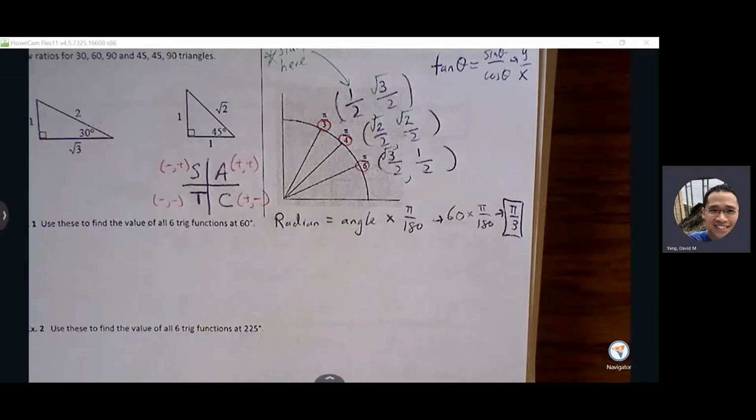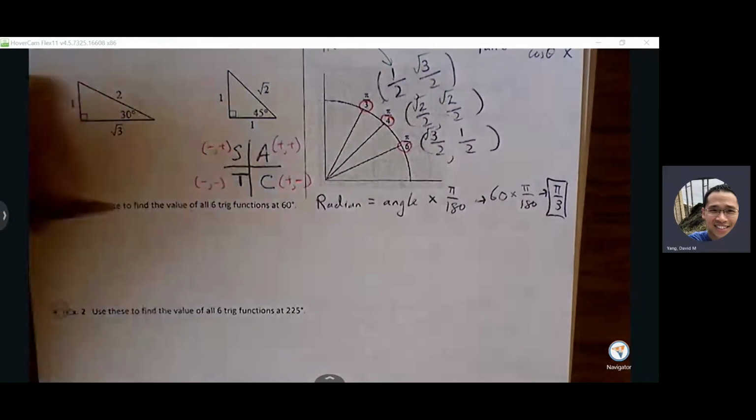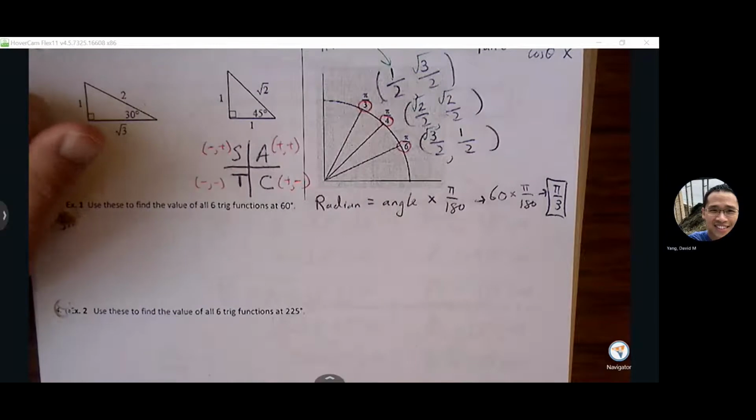But all in all, we're really not going to deal too much with degrees. Most everything we're just going to stick with radians. But we're going to practice writing out the trig ratios for pi over 3 for all 6 trig functions. So let's do that.